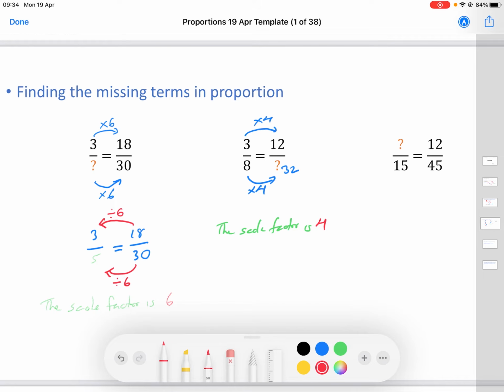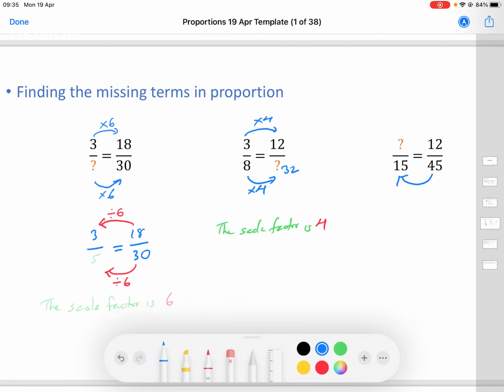Now, in the third question, again, the first numerator is missing. So either we can multiply from the first to the second fraction, or divide the second fraction to the first. So let us see. The denominators are 15 and 45.